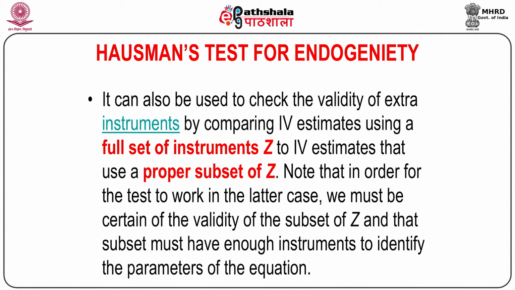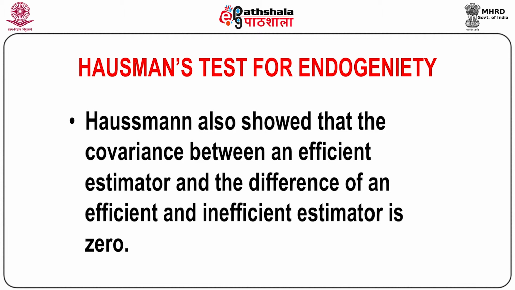It can also be used to check the validity of the extra instruments by comparing the instrumental variable estimate using a full set of instruments Z to the instrumental variable estimate that uses a proper subset of Z. Note that for the test to work, in the latter case, we must be certain of the validity of the subset of Z, and that subset must have enough instruments to identify the parameters of the equation. Hausman also showed that the covariance between the efficient estimator and the difference of an inefficient estimate and an efficient estimate is 0.